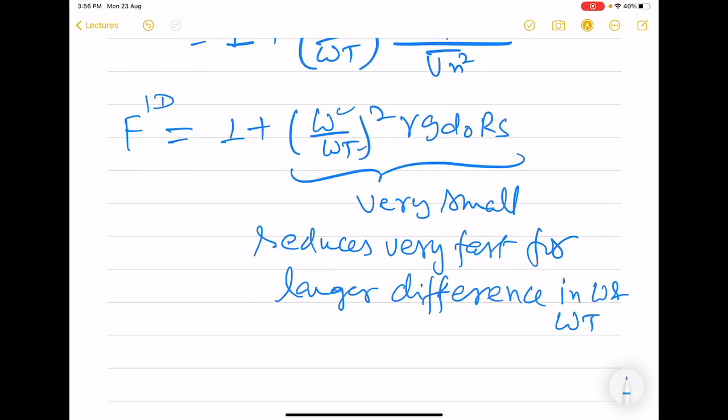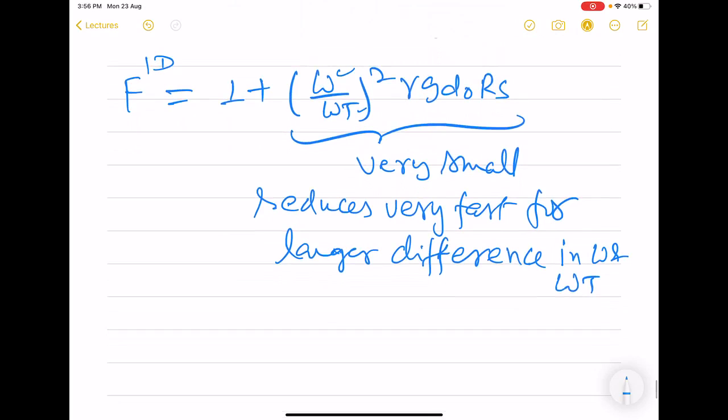Right, so the second term contribution is very small.